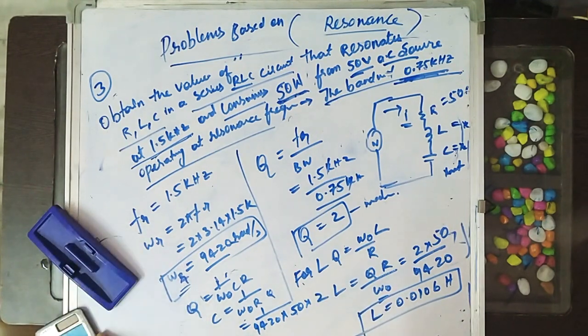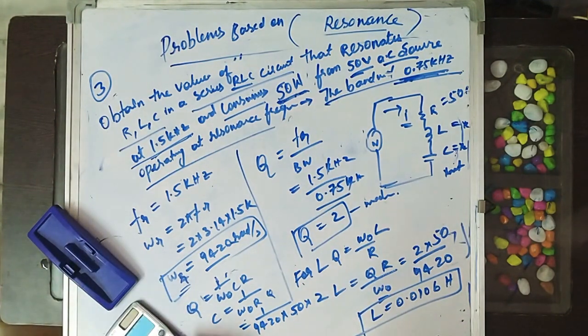You will be getting C as 1 by 9420 into 50 into 2. So C equal to 1.06 into 10 power minus 6, that means 1.06 microfarad.